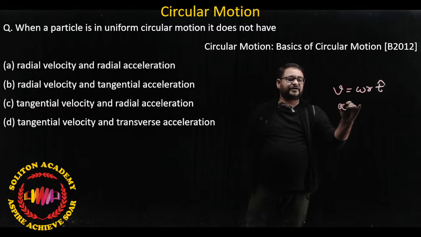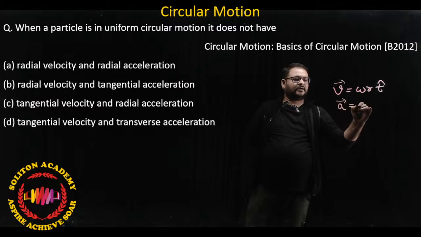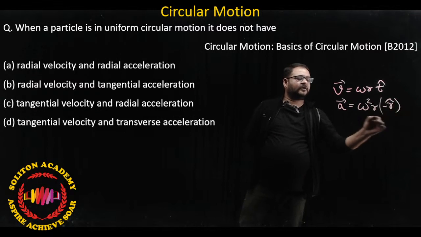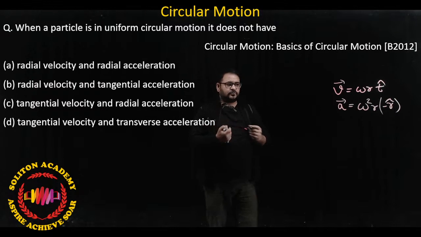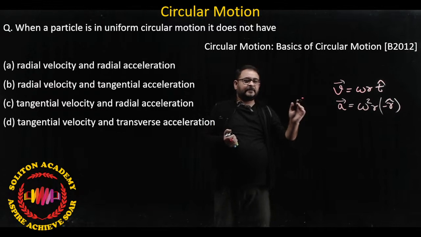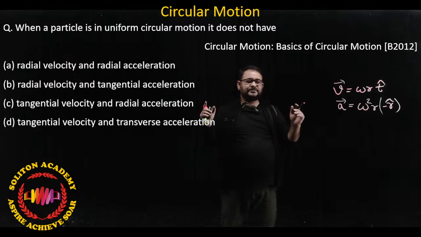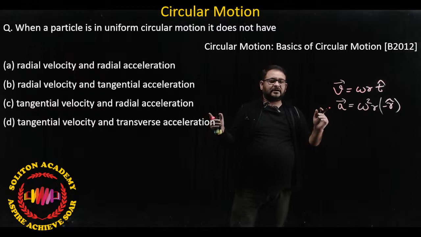And acceleration is omega square r, and it is minus radial, right? So based on these, the option says it does not have tangential velocity and transverse acceleration.